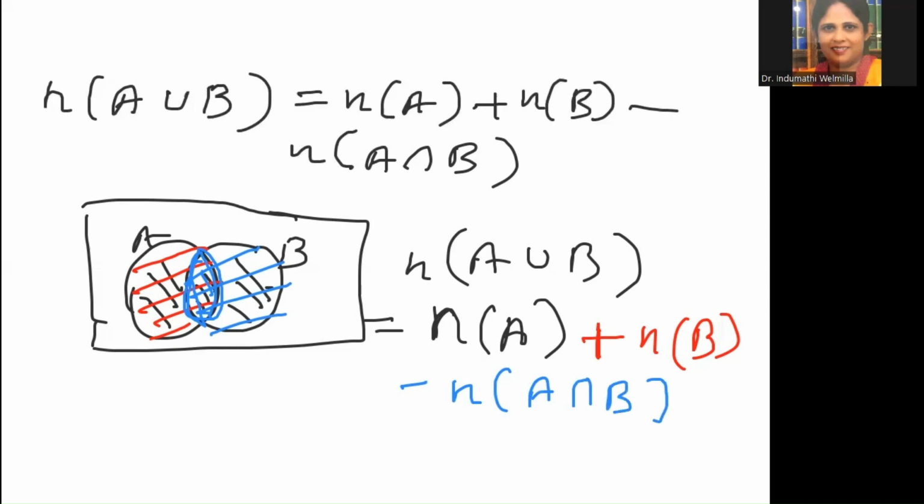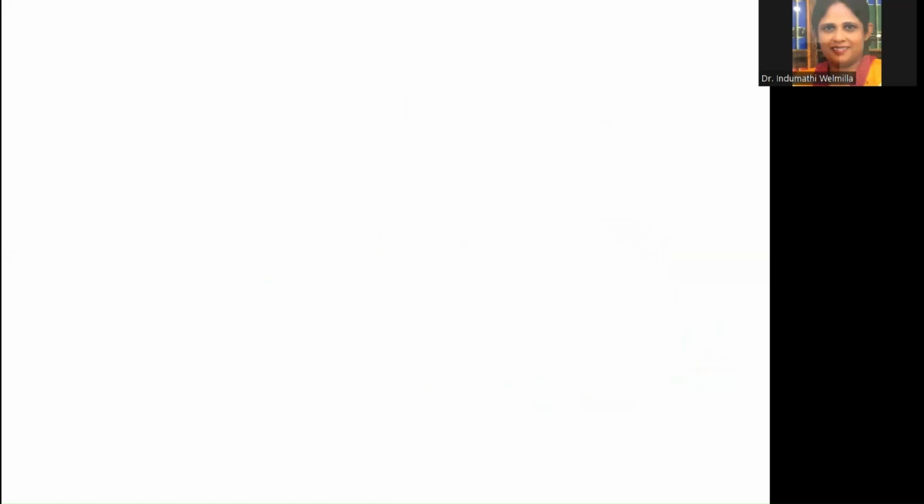Then it equals N(A union B). That is a very, very important formula in the set section.